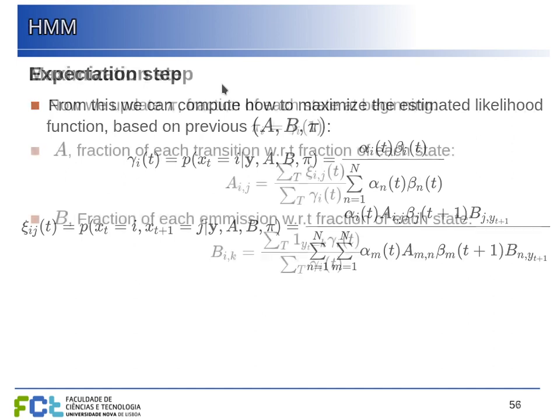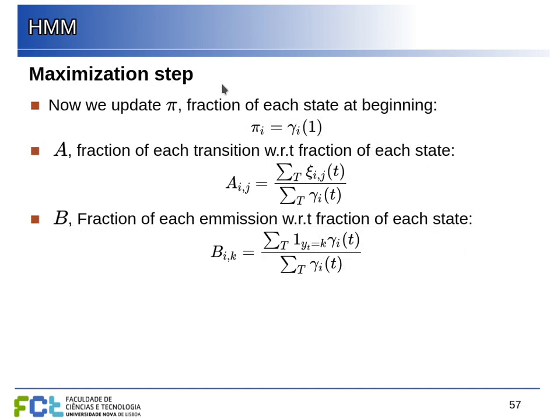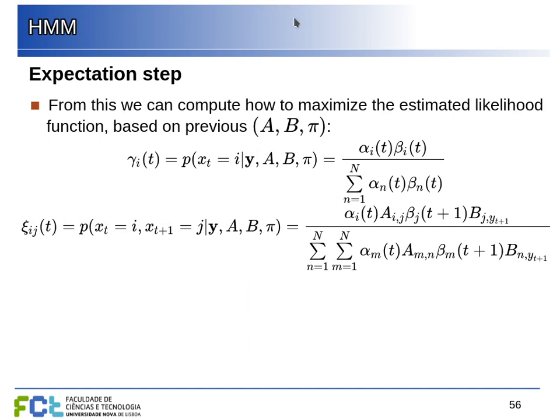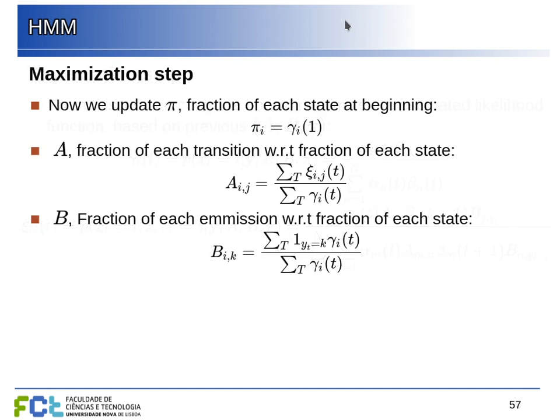Okay, so now from this we can do the maximization step. Using this, we can write the likelihood function for the different parameters, and the maximization step is to compute the values for all our parameters that maximize this function.